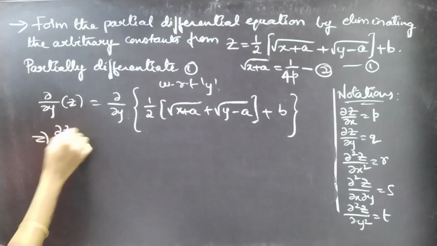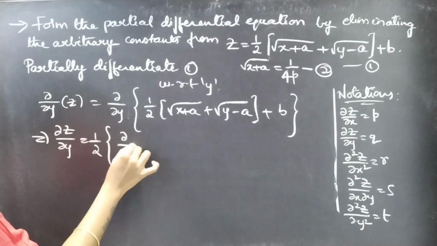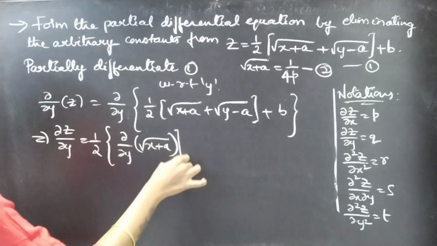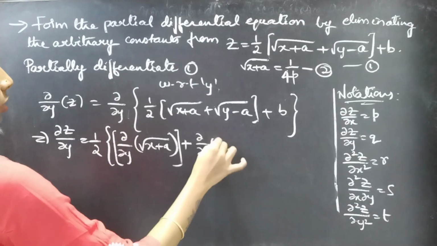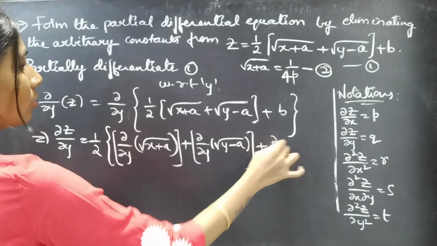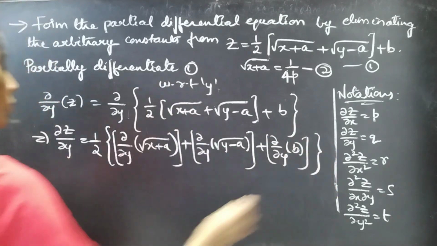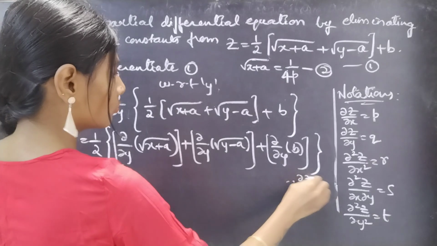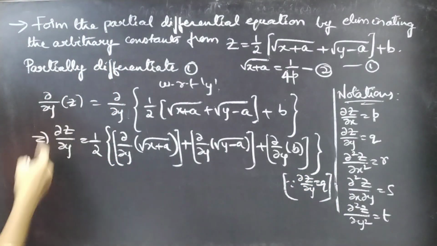Which gives us dou z by dou y equal to 1 by 2 into dou by dou y of the first term. Since we are partially differentiating with respect to y, we'll treat x as constant here. Dou by dou y of the second term plus dou by dou y of the last term. Since we have the notation dou z by dou y equal to q, we'll replace the LHS part by q.